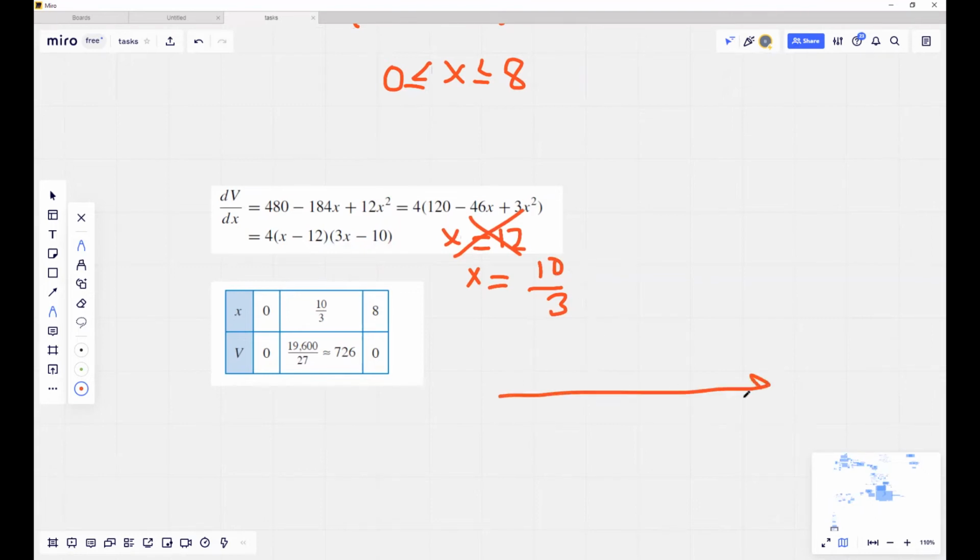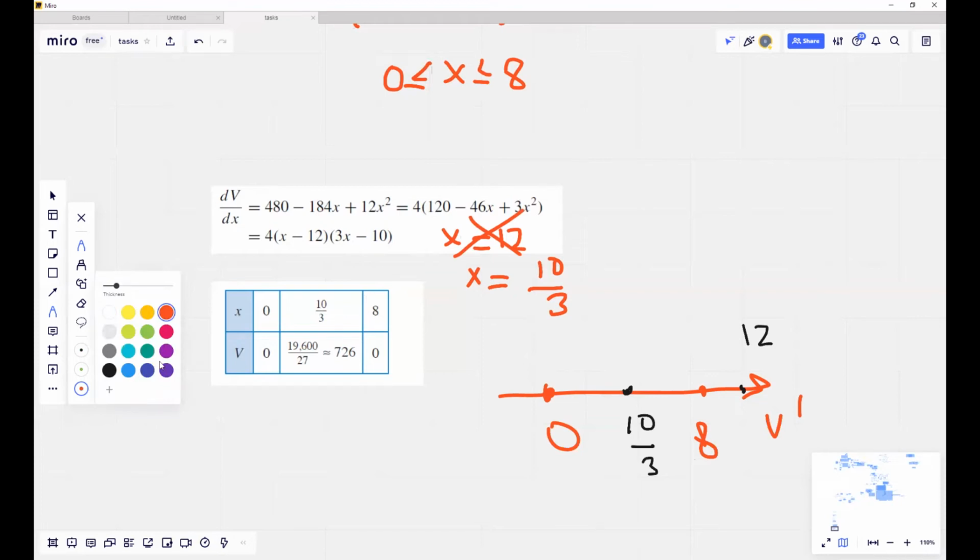To see that, let's take a look at the sign of V prime. On the interval from 0 to 8, we have this critical point at 10 over 3. The other critical point is at 12, but it's outside of this interval. So if we substitute minus infinity, this is negative, this is negative, so our function is going to be positive here, positive up to 10 over 3.